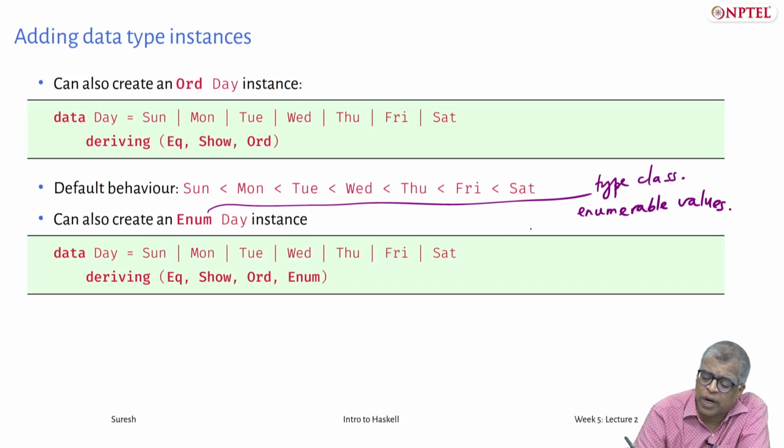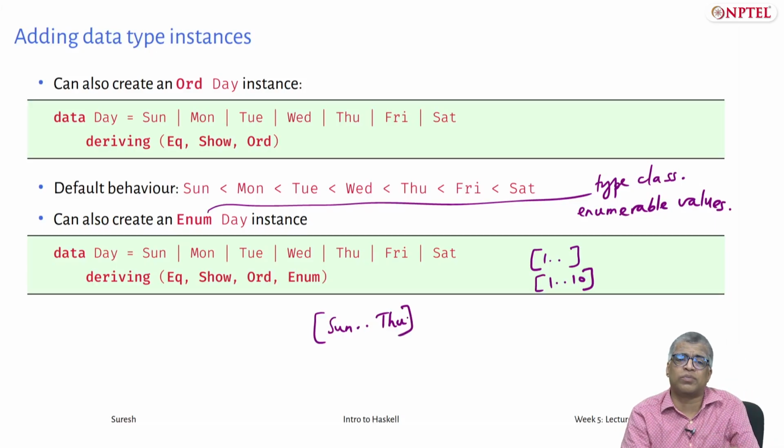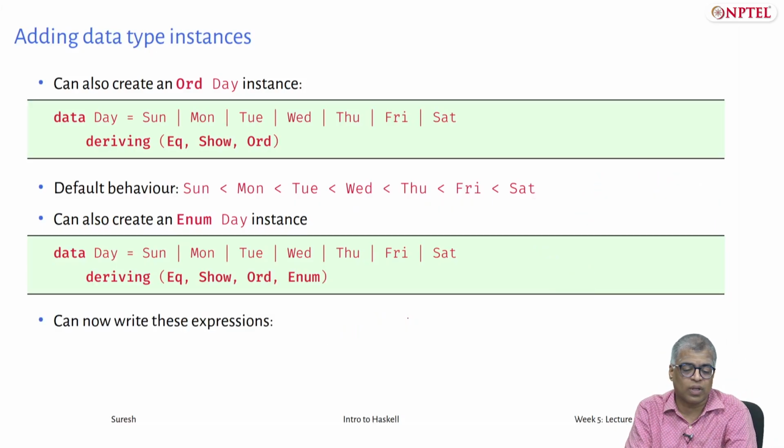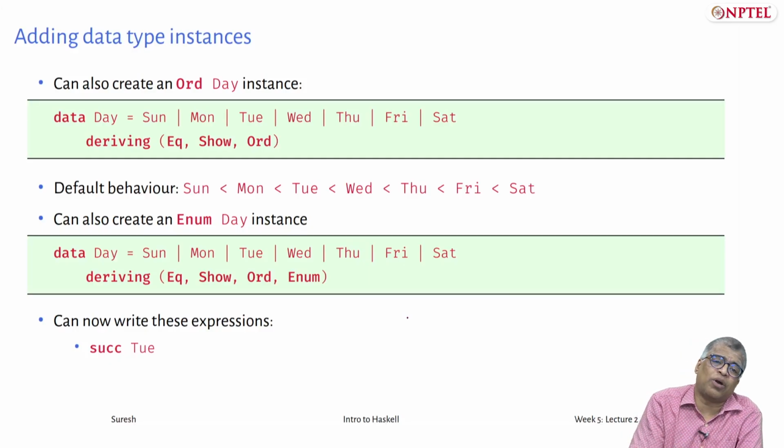And when you have Enum, you can use the list notation 1 dot dot 10. Similarly I can say Sun dot dot Thursday. That will list all values from Sunday to Thursday. The moment you have something that belongs to the class Enum, you have a notion of successor.